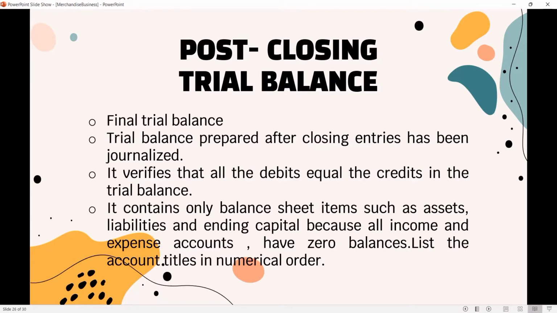So post-closing trial balance, final trial balance. So ito na yung final trial balance natin. Kasi 'di ba ang dami nating ginawa before this, meron tayong unadjusted trial balance, meron tayong adjusted trial balance, and then ito na yung last. Next, trial balance prepared after closing entries has been journalized. So 'di ba pinakita natin yan sa discussion natin sa closing entries.